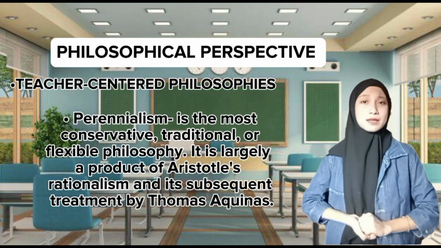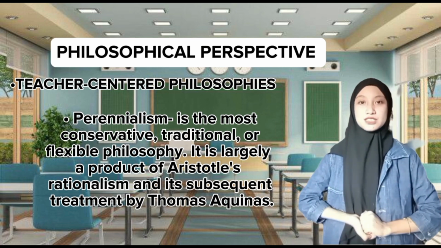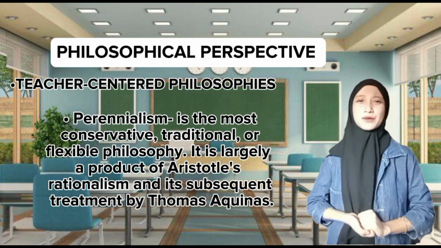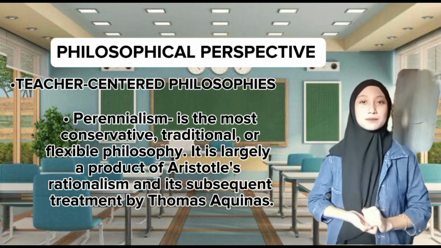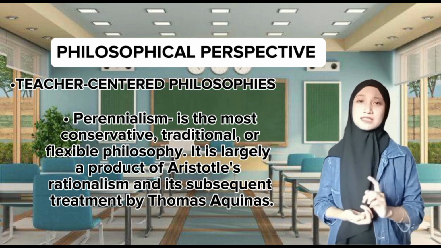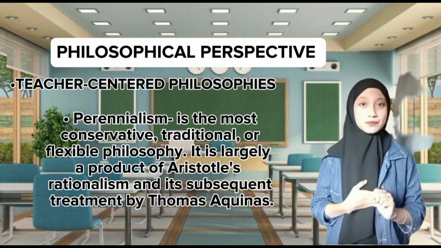The next one is perennialism. It is the most conservative tradition or flexible philosophy. It is largely a product of Aristotle's rationalism and its subsequent treatment by Thomas Aquinas. It assumes that man's basic or essential characteristic is his ability to reason.